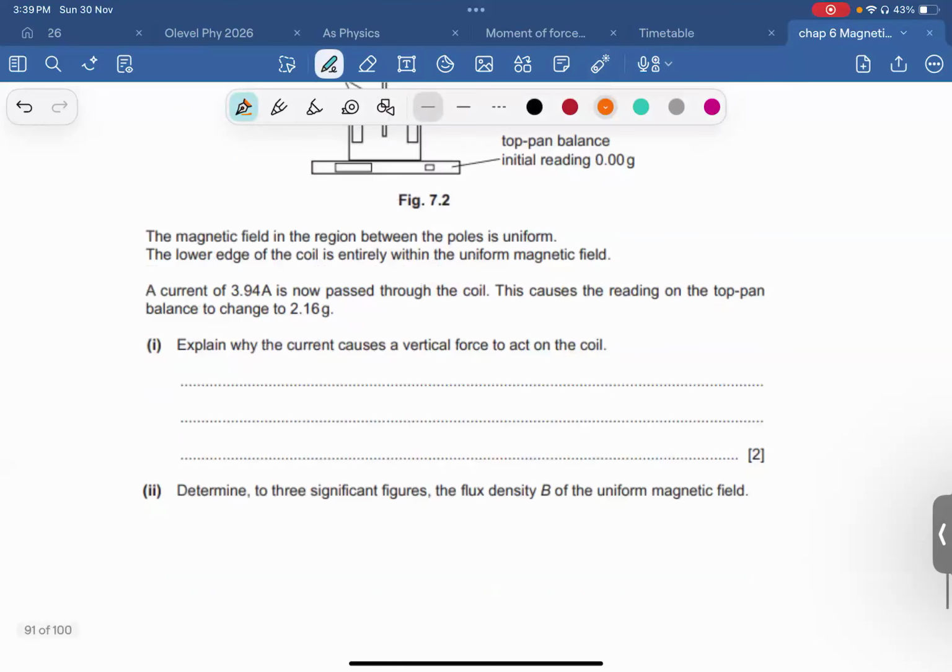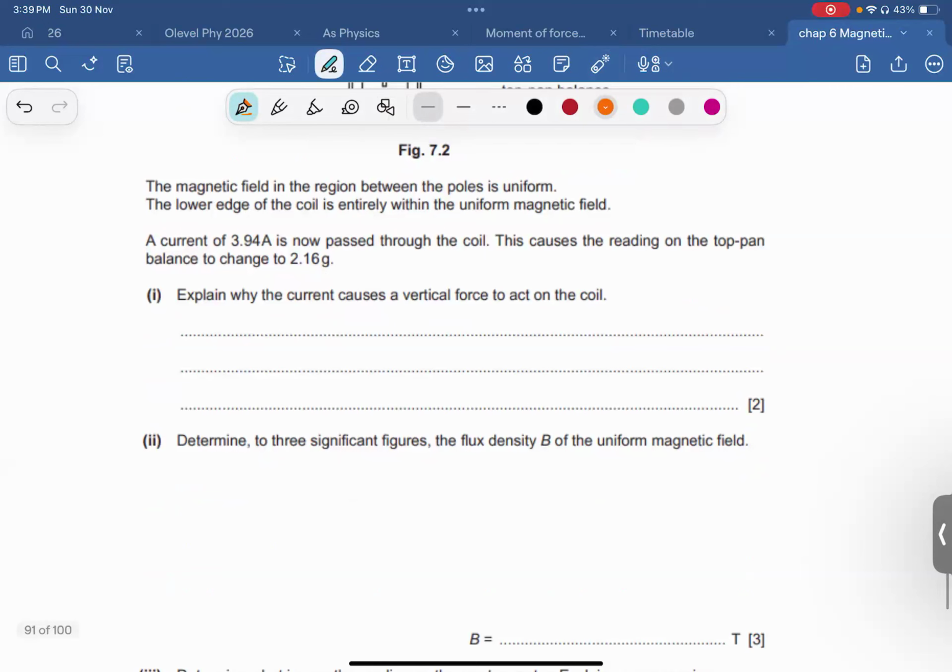So, more simply, you can say that the coil is perpendicular to the field. Right, this is the first thing. So the coil is perpendicular to the field.